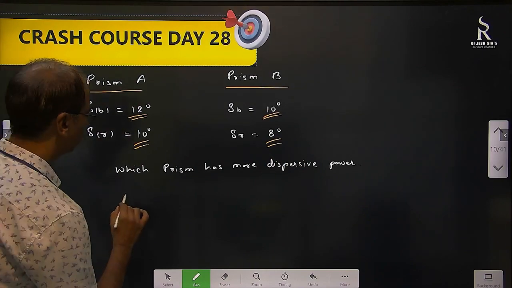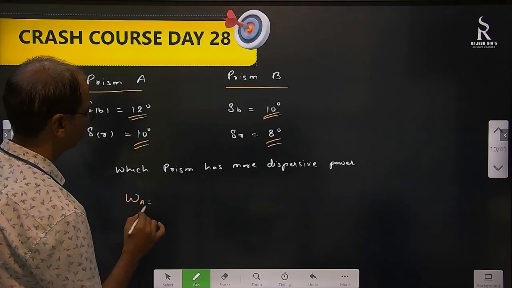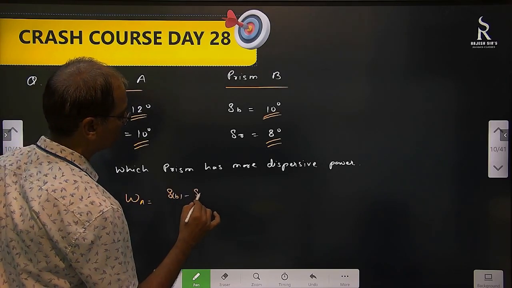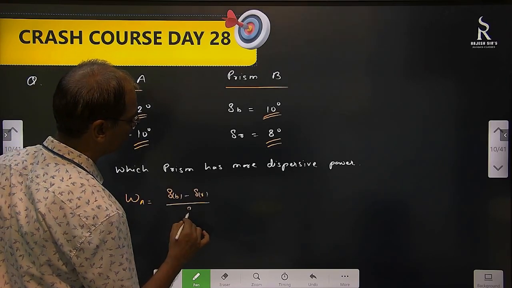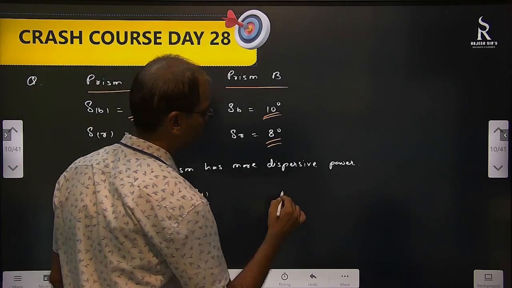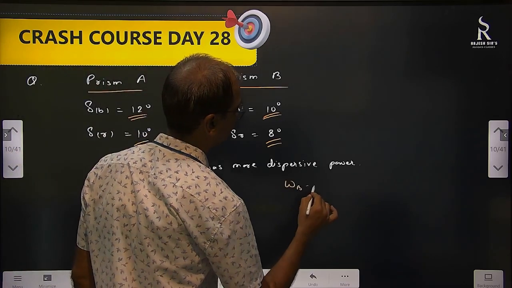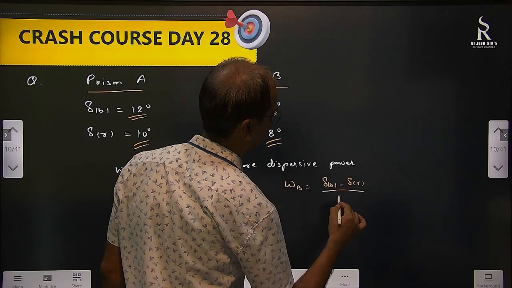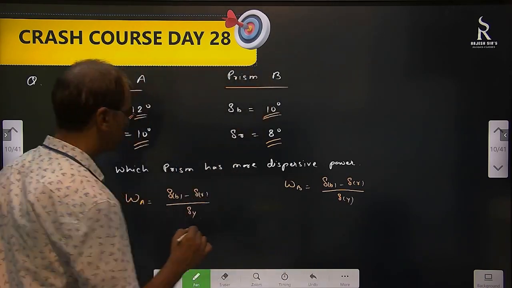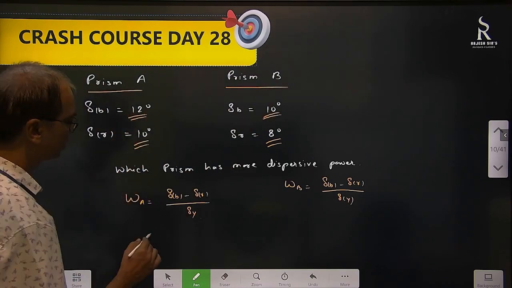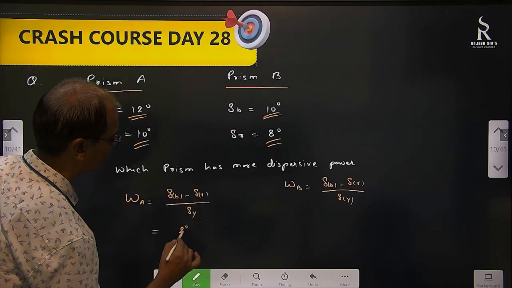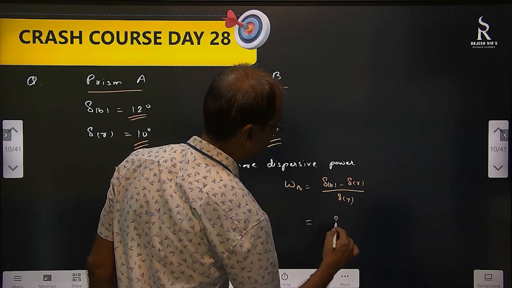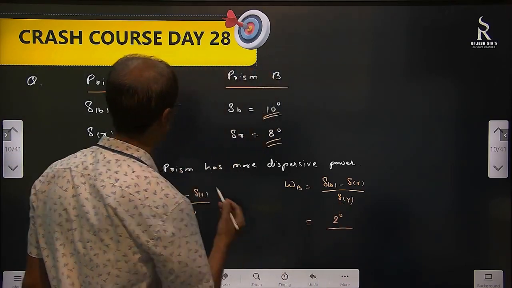So omega for A will be delta B minus delta R by delta Y. In the same way, omega for B is delta B minus delta R by delta Y. So delta B minus delta R is what? 2 degrees.